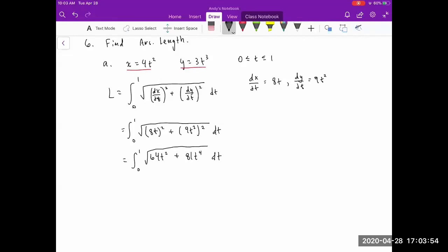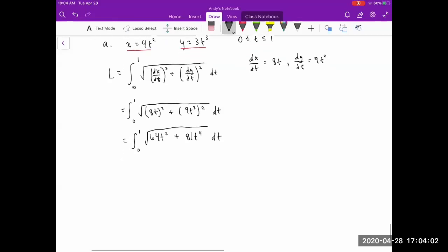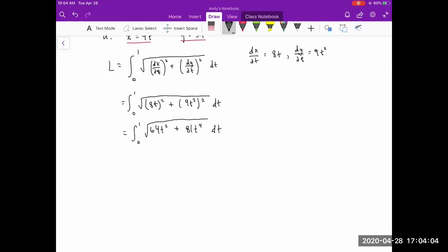We have to be a little careful here. This problem was easy to set up, but it may be hard to integrate. We can pull out a t squared. 64 and 81 unfortunately don't have anything in common, but that's okay.